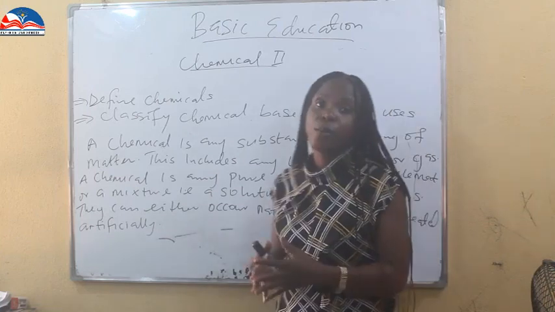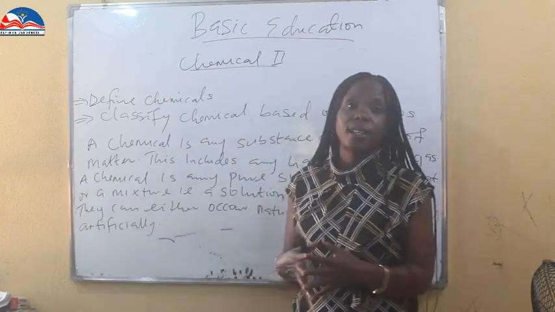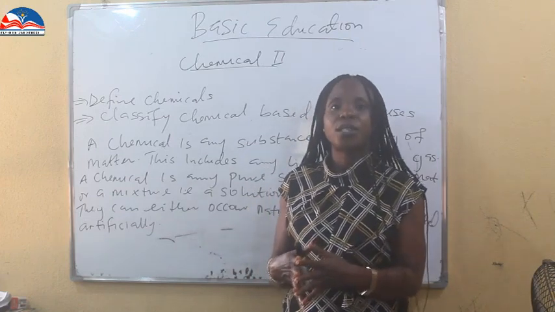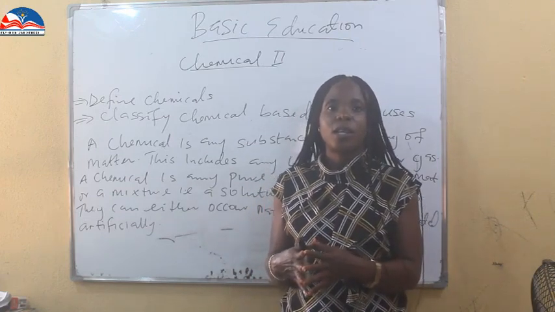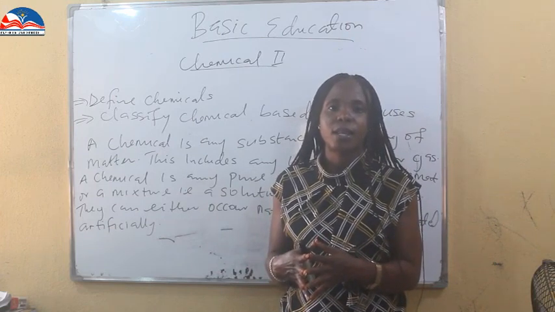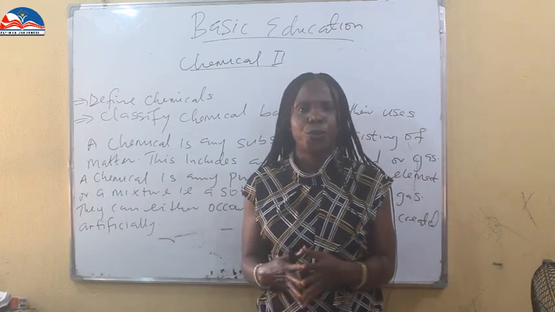And it can occur in its natural state as nature has it, or it can be mixed in a laboratory for us to have a chemical compound, a chemical substance. That is chemical for you.